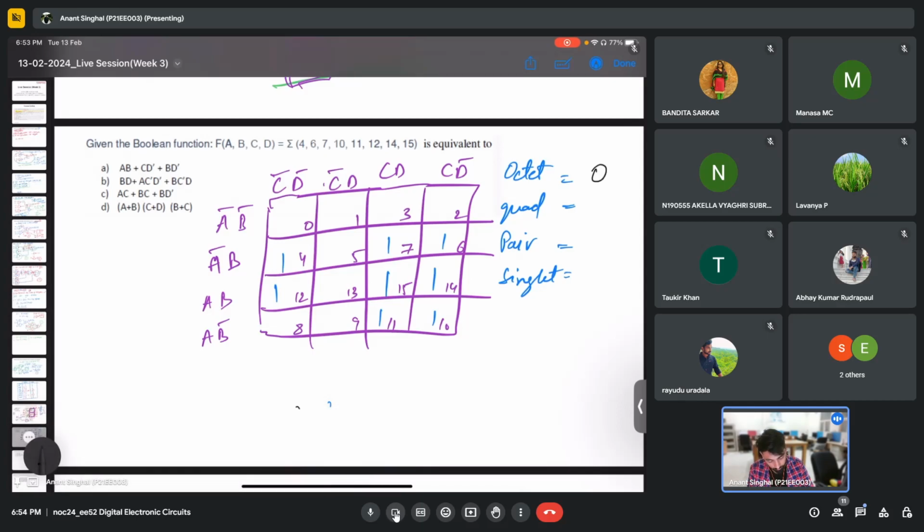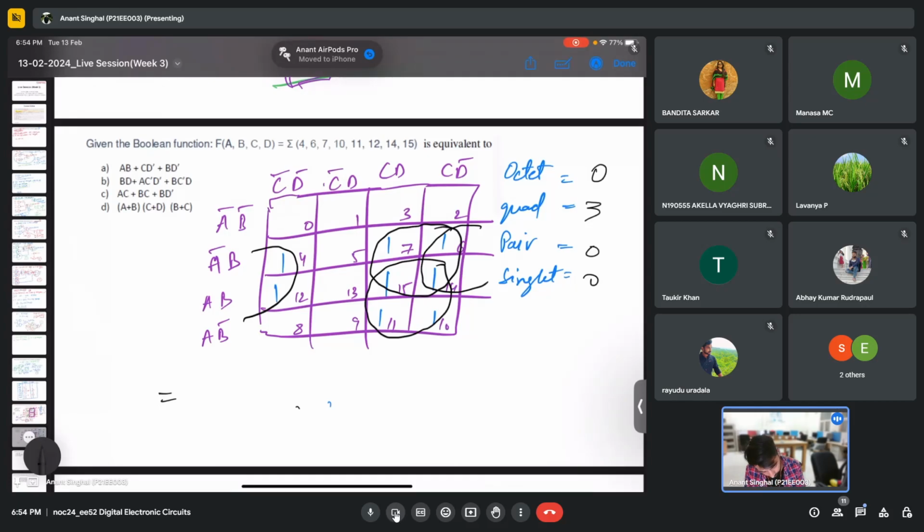So one quad can be this. Now I need to make two quads out of here. So yeah, it will be three quads and nothing else.